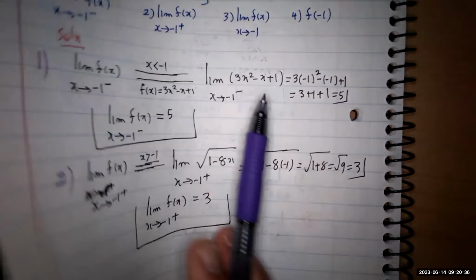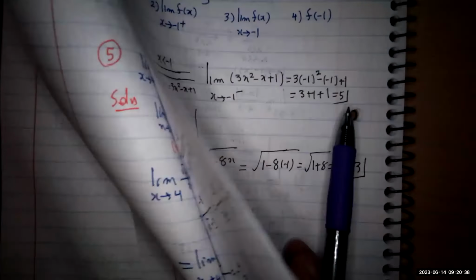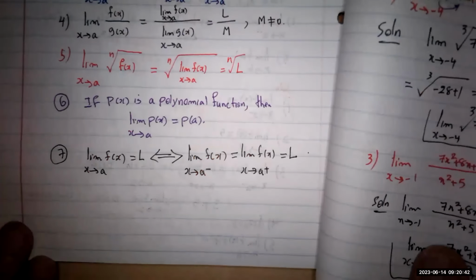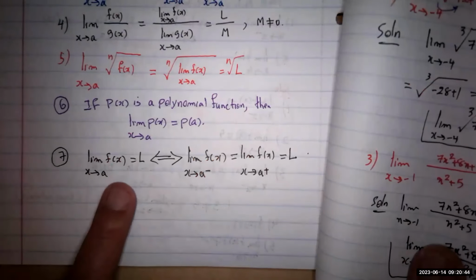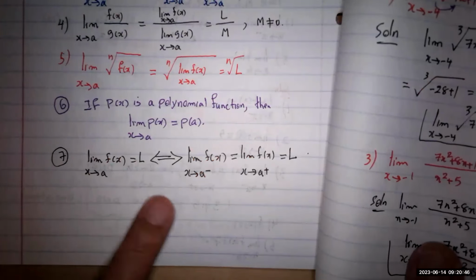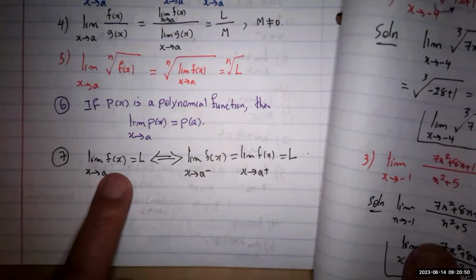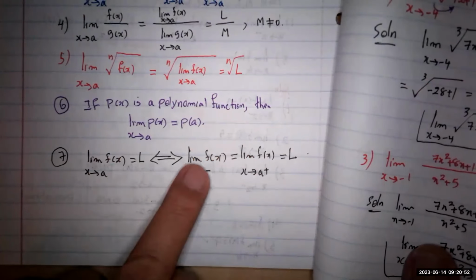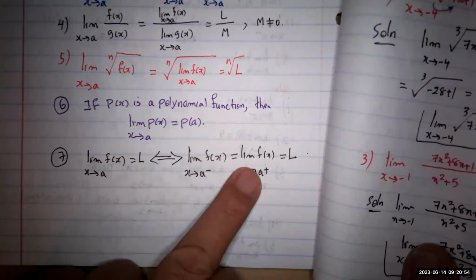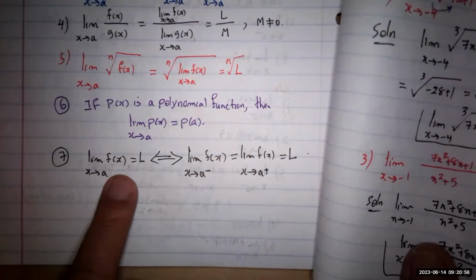Remember, in the computing theorem, that was part 7. If the right and the left limits are the same, it's the same number for the limit. If they are not the same, the limit does not exist.